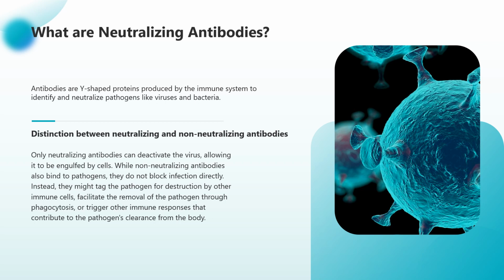Instead, they might tag the pathogen for destruction by other immune cells, facilitate the removal of the pathogen through phagocytosis, or trigger other immune responses that contribute to the pathogen's clearance from the body. Non-neutralizing antibodies may bind to parts of the pathogen that are not directly involved in the process of infecting host cells, or they may bind in a way that does not interfere with the pathogen's ability to enter cells.